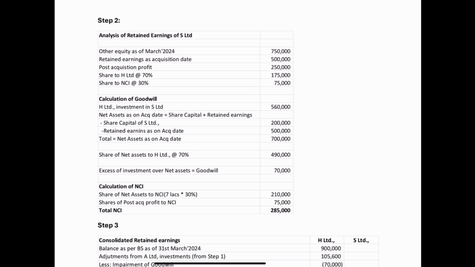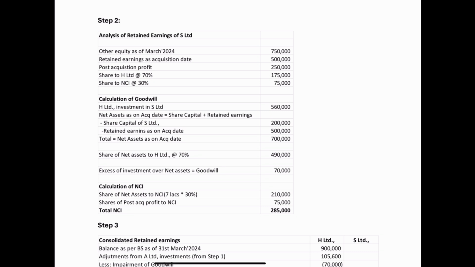Okay, so first step is in S Limited there is other equity, and other equity balance as of March 2024 it has been given as 7,50,000 rupees, and the other equity or the retained earnings as on the acquisition date it has been given as 5 lakh rupees, which means the post acquisition profit is 7,50,000 minus 5 lakh is 2 lakh 50,000, and of this 2 lakh 50 H Limited share at 70% is 1 lakh 75,000, and the non-controlling interest share is 30%. So 2 lakh 50 into 30% is 75,000. So this is one part.